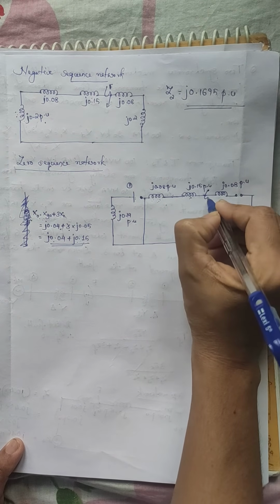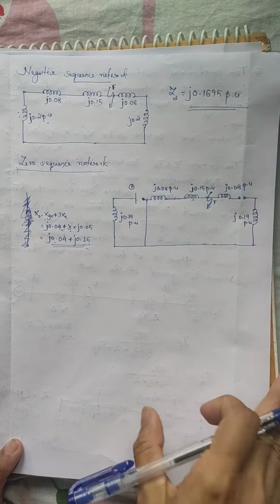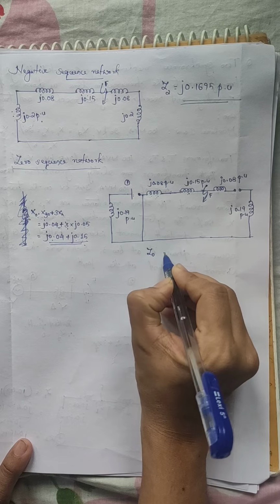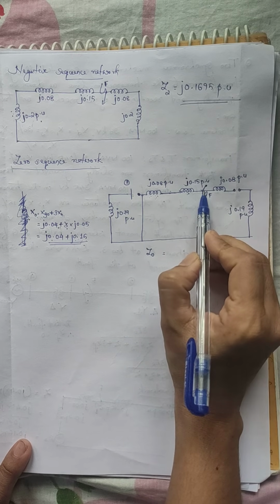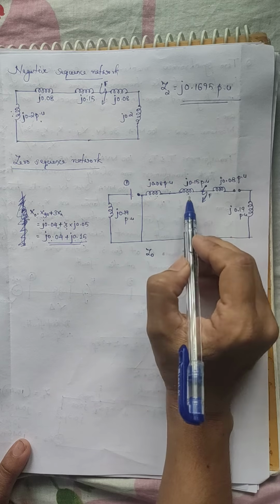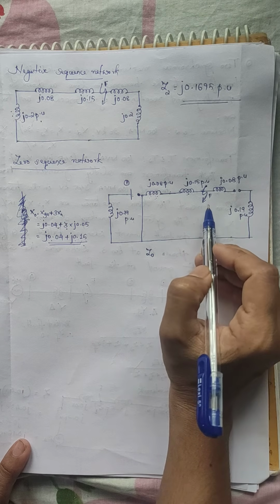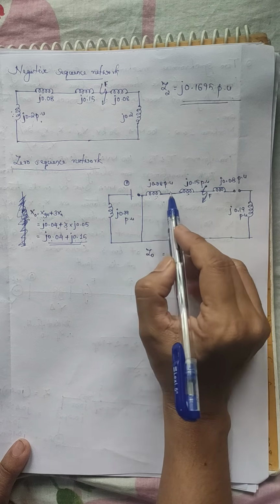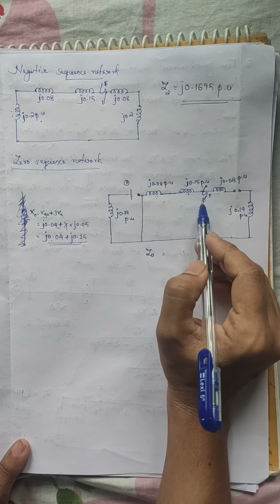Now the fault is at this particular point. See the total zero sequence reactance as seen from this fault point. While calculating the equivalent zero sequence reactance of this network, consider only those reactances through which the fault current can flow.